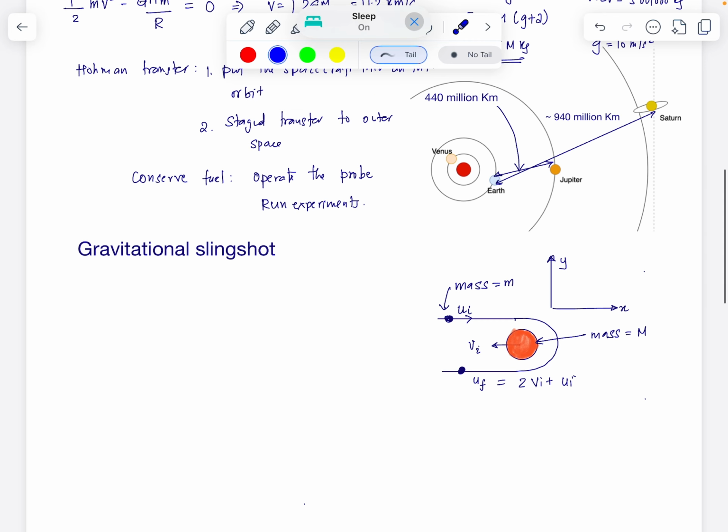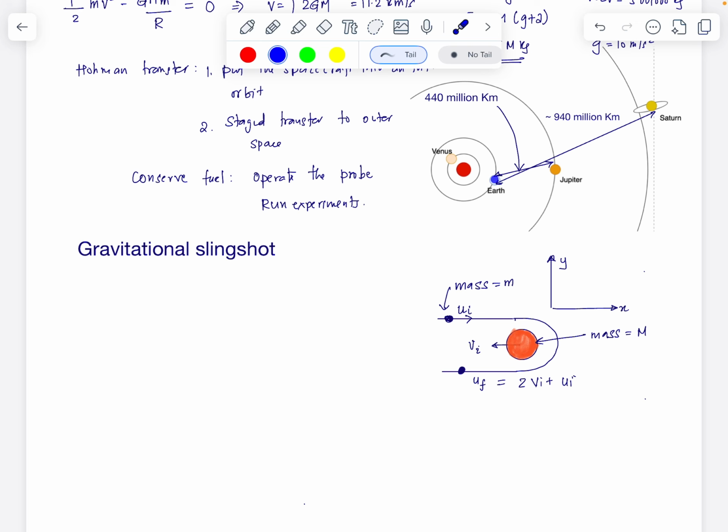What the gravitational slingshot does is that it uses the gravitational attraction between the spacecraft and the planet to speed up the spacecraft.